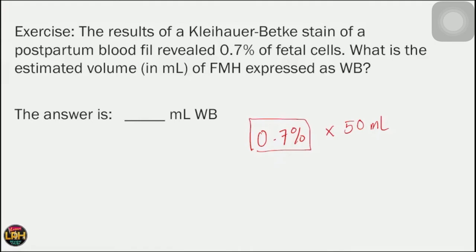So for 0.7%, multiply it by 50, we get 35 ml of whole blood feto-maternal blood. So the answer here is 35 ml.